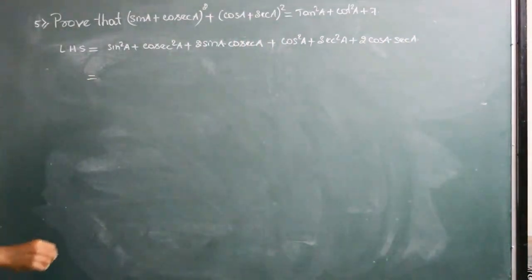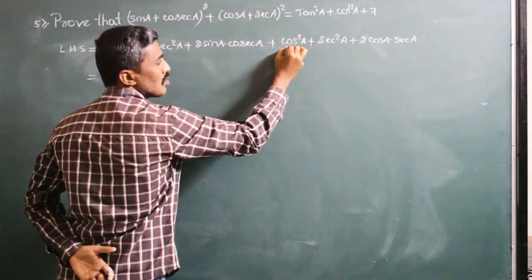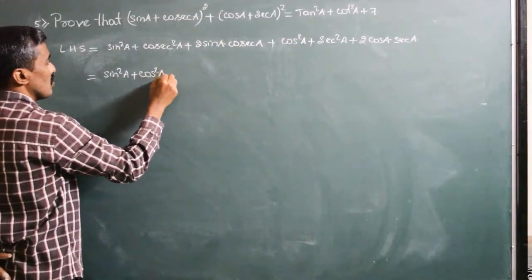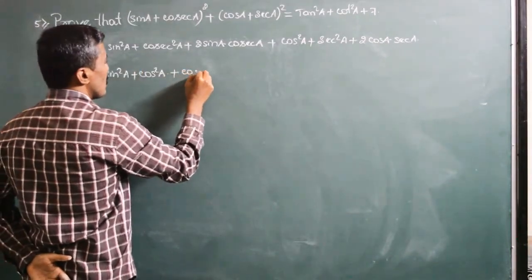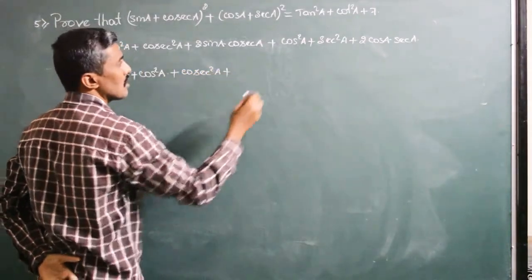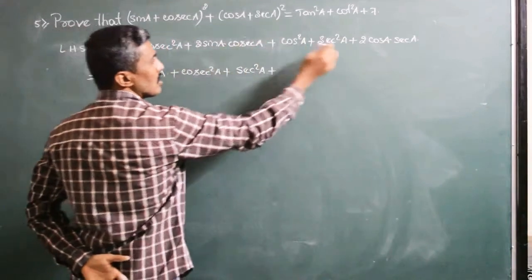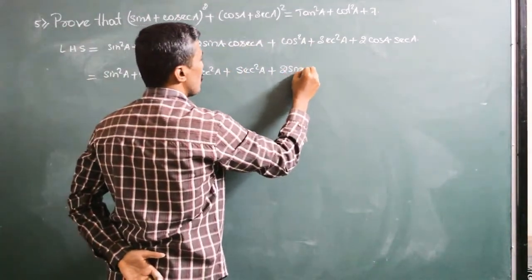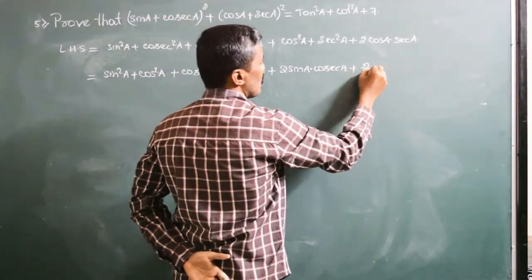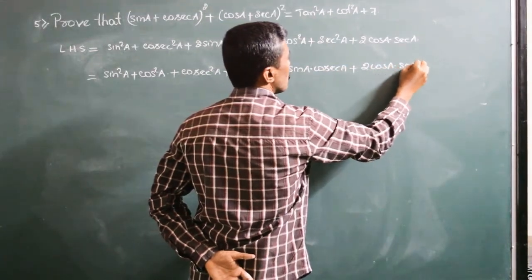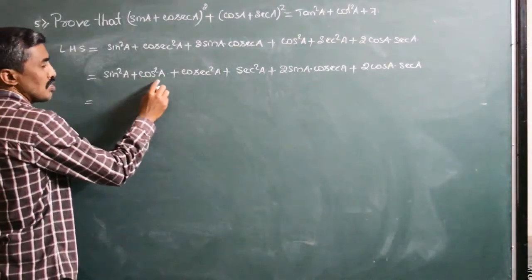That is equal to sin square A plus, I will take cos square A now, rearranging the terms, plus cosecant square A plus, then I will take secant square A, plus the remaining two terms, 2 sin A into cosecant A plus 2 cos A into secant A. But we know that sin square A plus cos square A is equal to what?